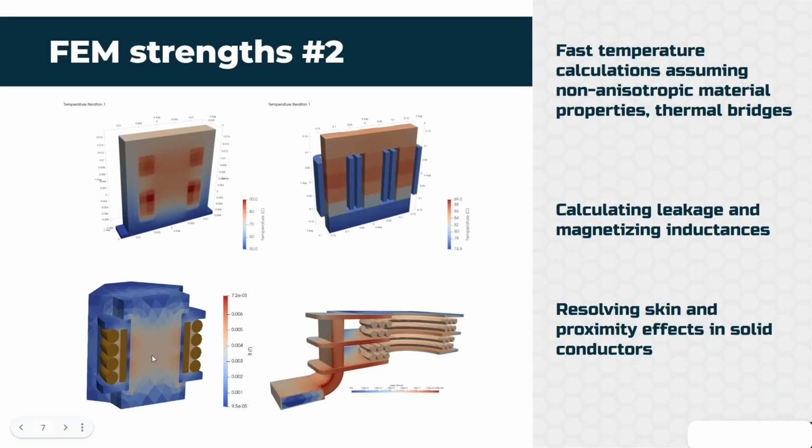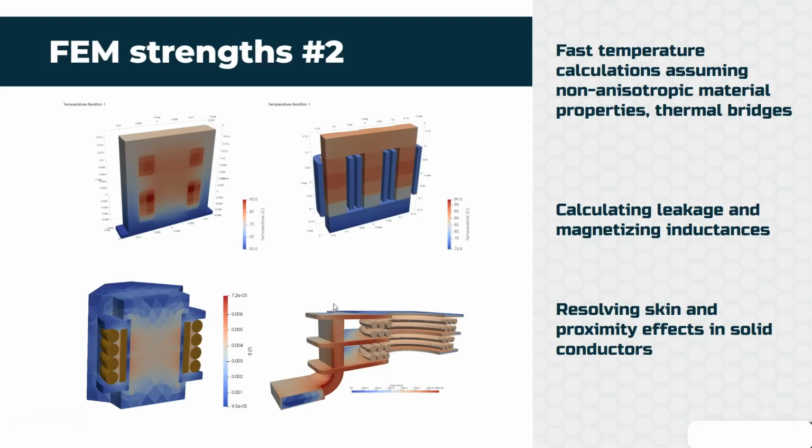But in this case, because we have a gapped core and so on, we see that it's not only between windings; there's some portion of magnetic flux here. So you can account for that in 3D FEM. And you can find the reasons why, for example, there is some flux in the core, maybe there is some phase shift or whatever. So this is the advantage of 3D FEM: calculating leakage and magnetizing inductances accurately.